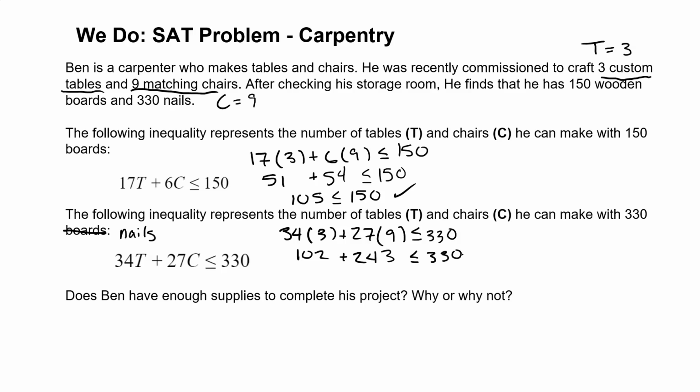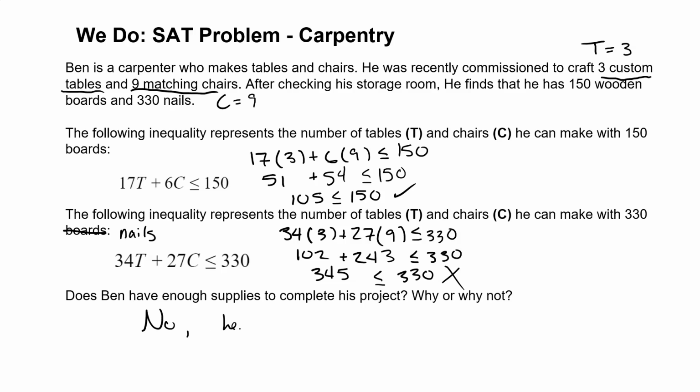Let's see. 102 plus 243 doesn't sound good. That's going to be 345. Is that less than or equal to 330? No. 345 is greater than 330. So does Ben have enough supplies to complete his project?